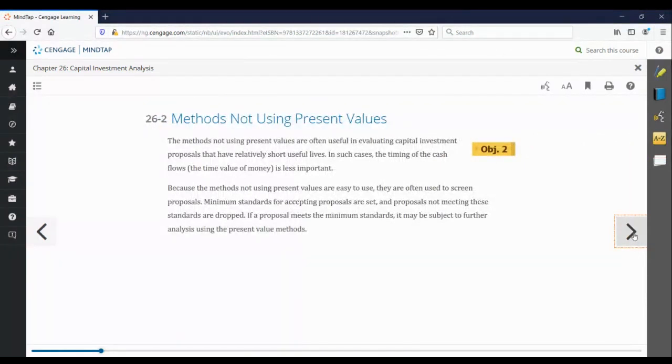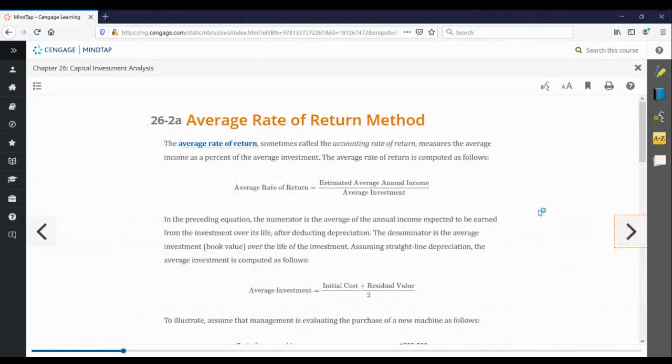So the first method that we're going to be using is what we call the average rate of return method. And you can see here that there's a formula for calculation of the average rate of return. First of all, you're going to have to figure up the estimated average annual amount of net income.